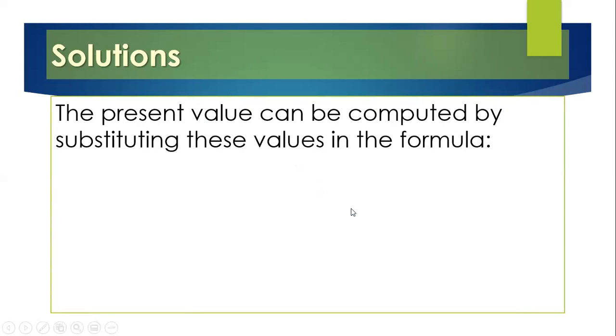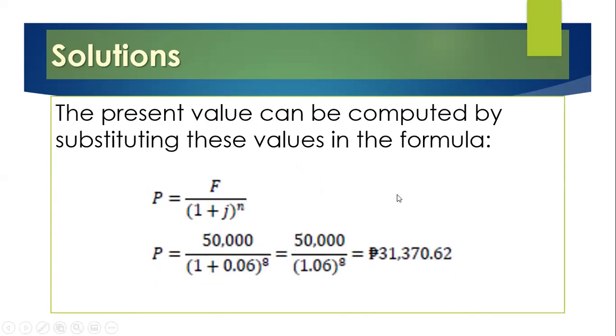So, the present value can be computed by substituting these values in the formula. Pinakita ko rin kanina. P is equal to F over 1 plus J raised to N. So, saan nang galing ba to? Di ba?